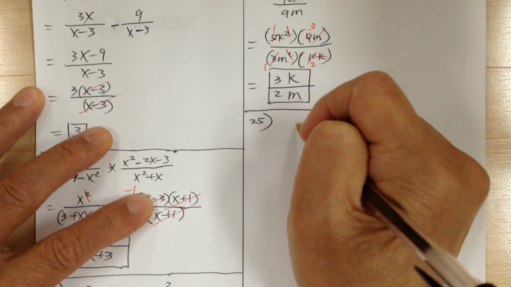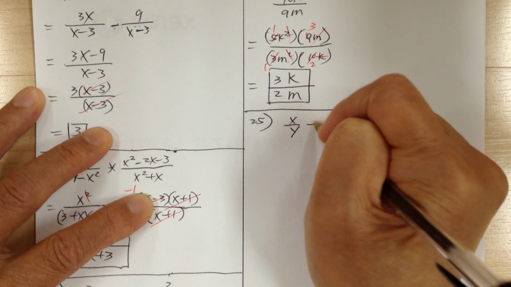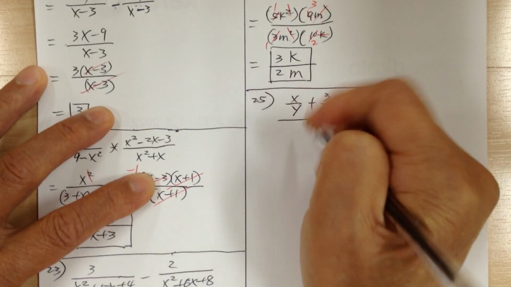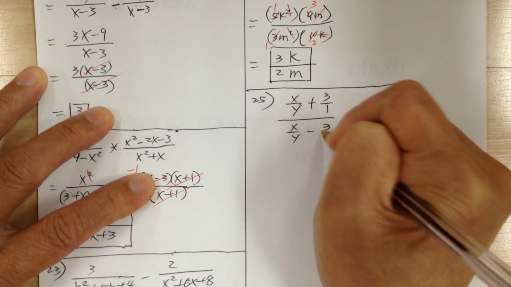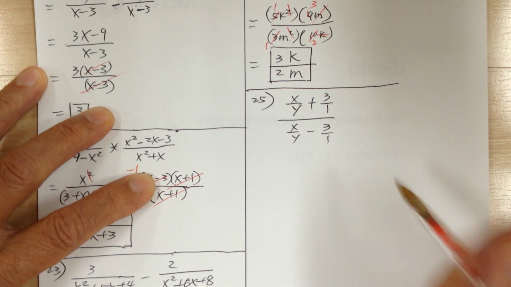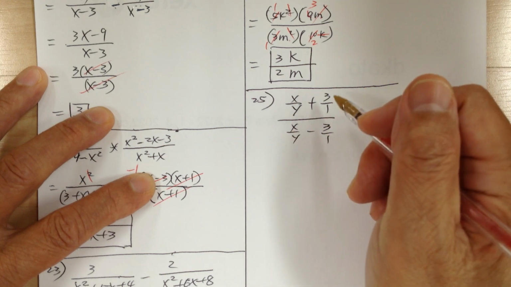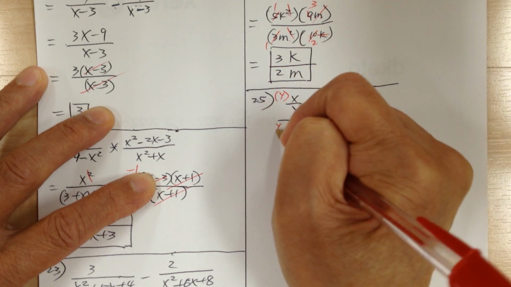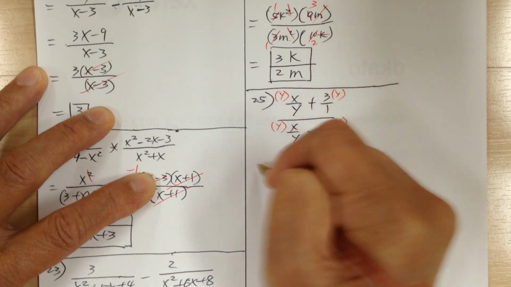Okay, number 25. You have x over y plus 3. Now 3 is not a fraction, so make it into 3 over 1 as a fraction. So you get x over y minus 3 over 1. For a complex fraction, you want to multiply every time by the common denominator. So multiply everything by y.